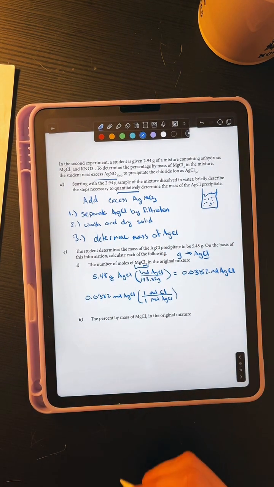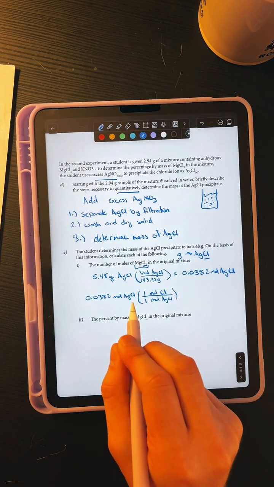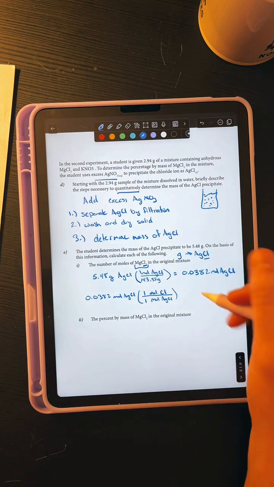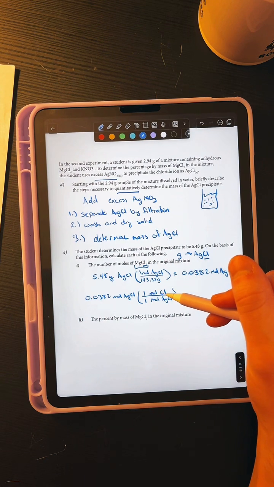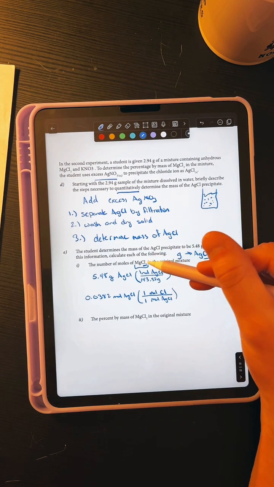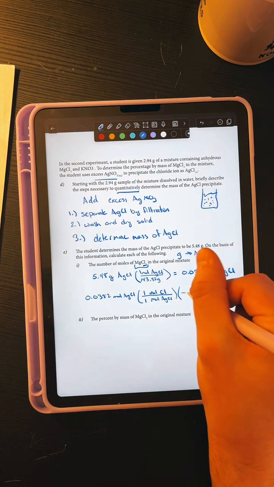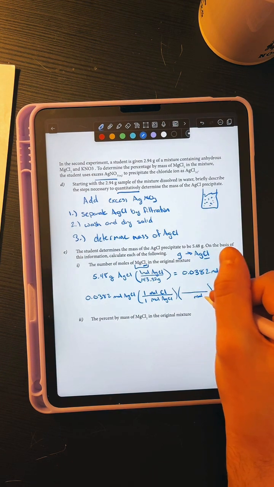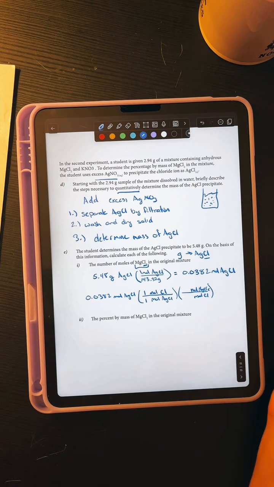Well, we have 1 chlorine, right? We only have 1 chlorine in that compound. But we don't want to just stop there, because that'll just give us something in moles of chlorine. We want something in moles of MgCl2. So we're going to go one step further, and get rid of moles of chlorine on the bottom, going into moles of MgCl2 on the top.